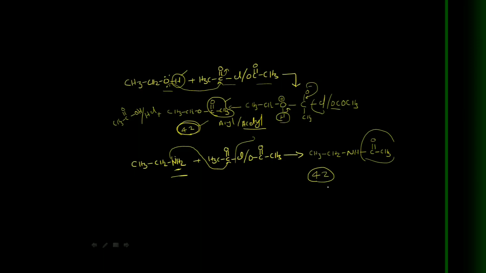Why am I talking about this molecular weight? Because in 2013 we can see one question: a compound A with molecular weight 180, on complete acylation with excess acetyl chloride, gives one product B with molecular weight 390.